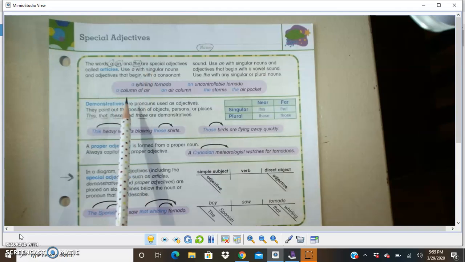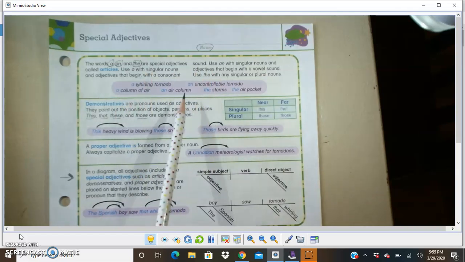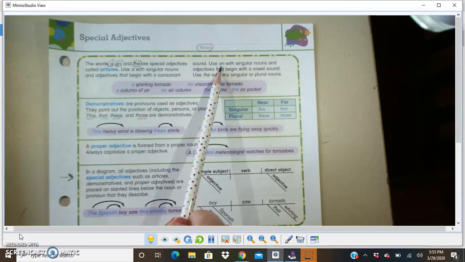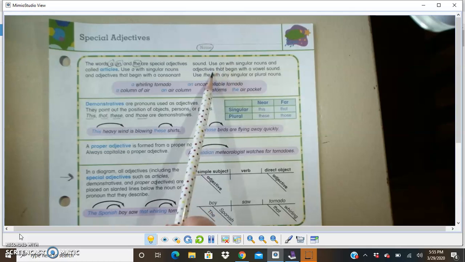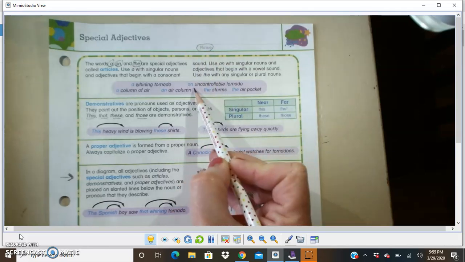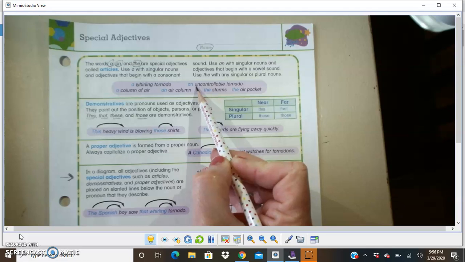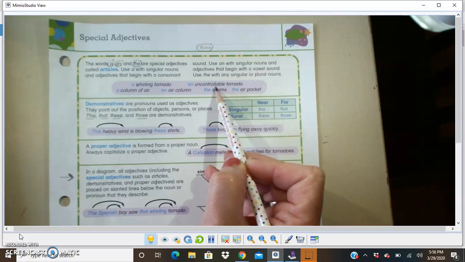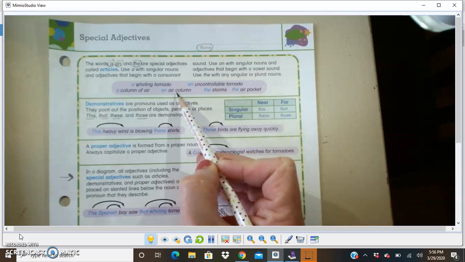But you use the word an with singular nouns and adjectives that begin with a vowel. And this is just a review. You guys have learned this before, but an will go in front of words that start with vowels, like an uncontrollable tornado or an air column.